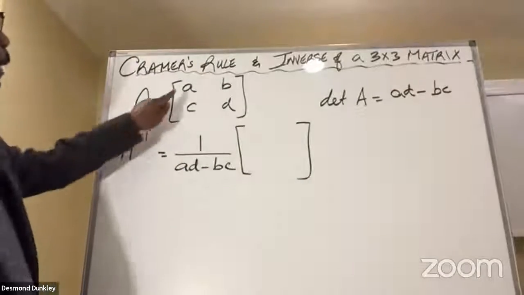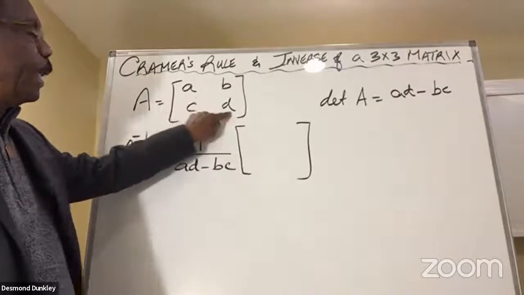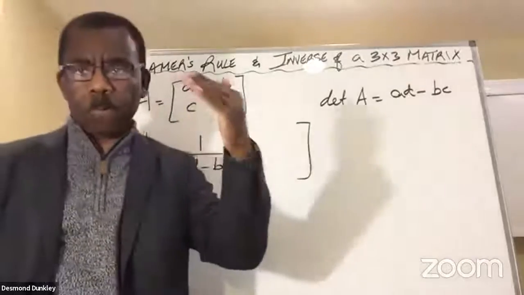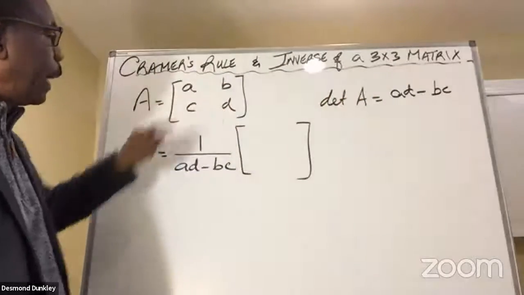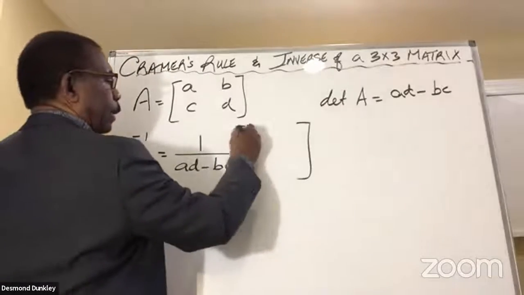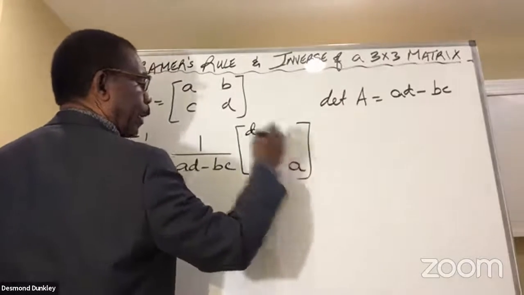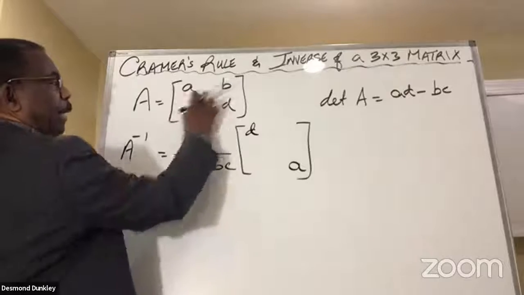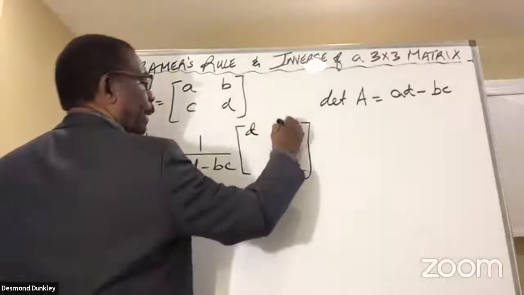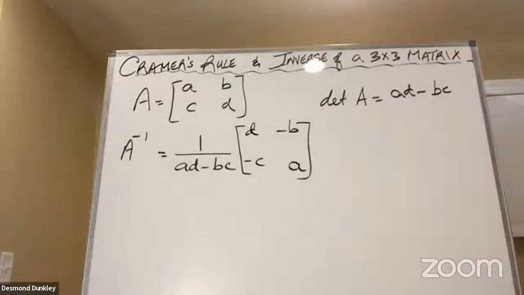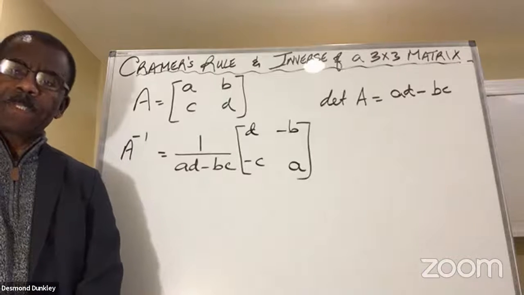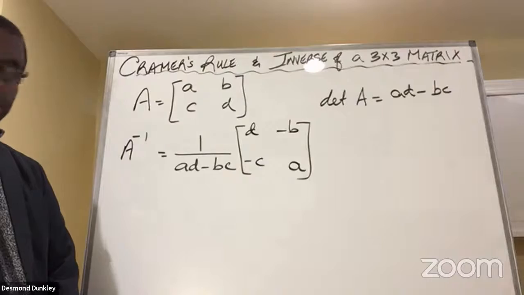And what we do now is we take these two and we switch them around. All of this is a review of the previous session. We take these two and they switch places. So d comes here and a goes there. Then we take these two and we switch signs. And that's how we find the inverse of a 2x2 matrix.